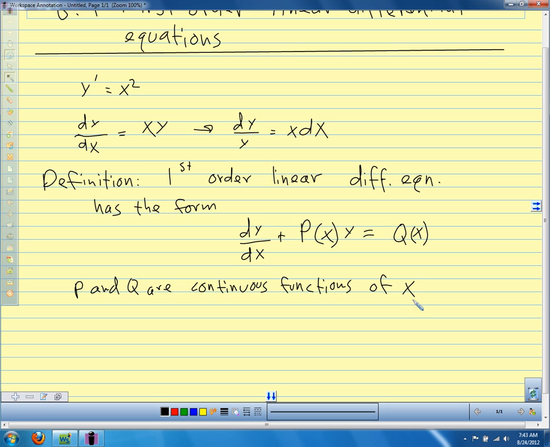So p and q only depend on x, they have no dependency on y at all, and that's part of what lets us work with these kinds of equations. When we write it in this form, dy dx plus p of x y equals q of x, this is called the standard form for a first order linear differential equation.